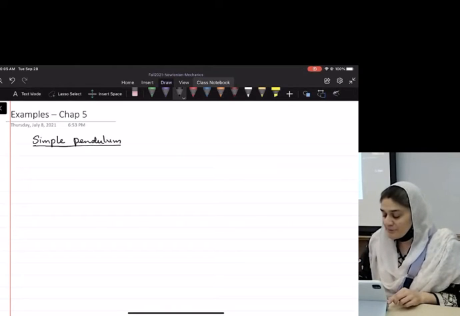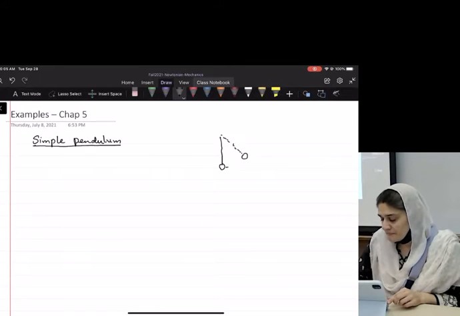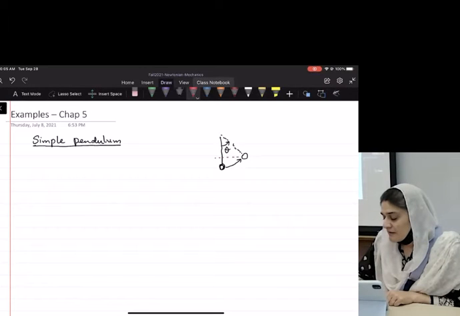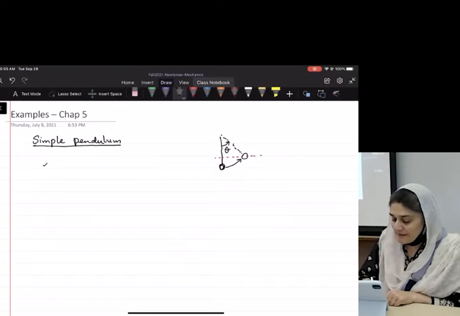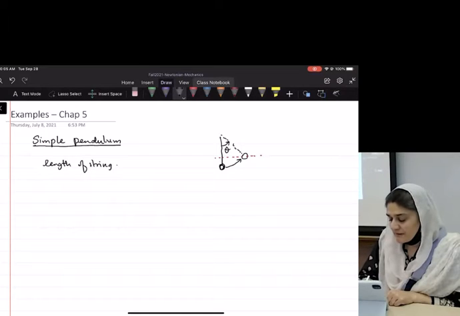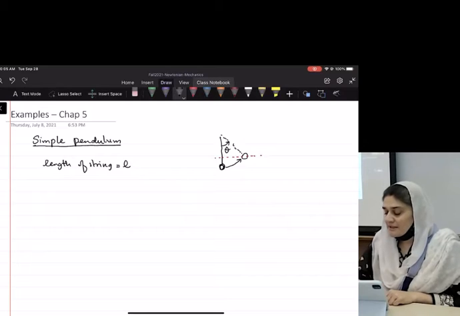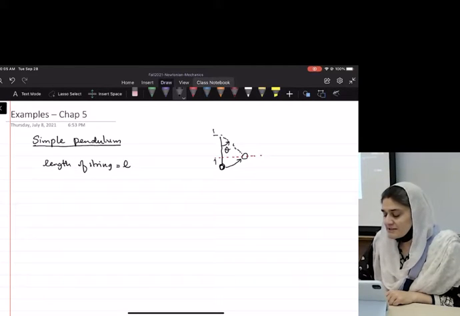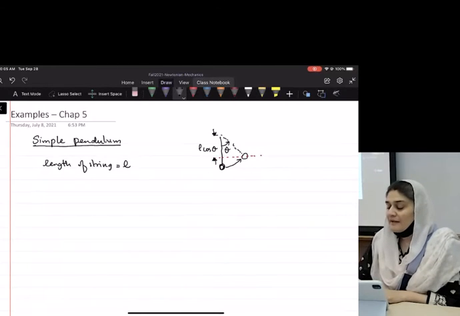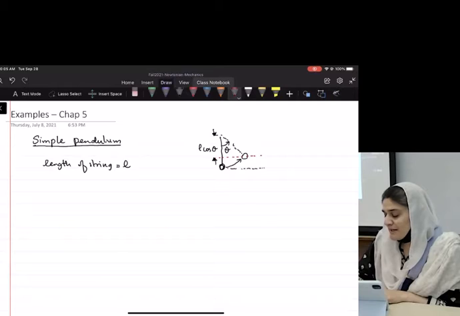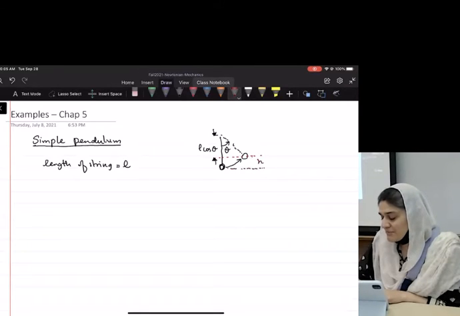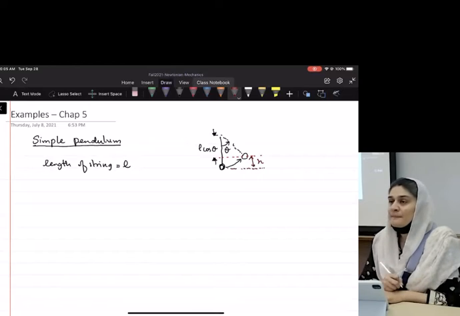How does a simple pendulum look? Suppose my length of string is L, then this distance is L cosine theta, and the center of mass gets raised by distance h.